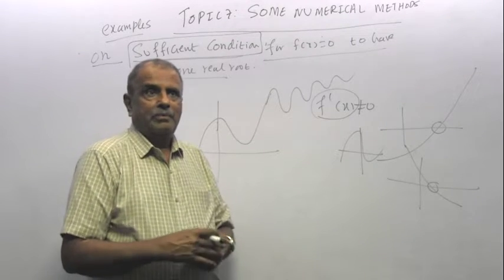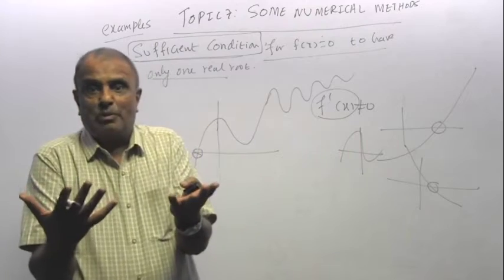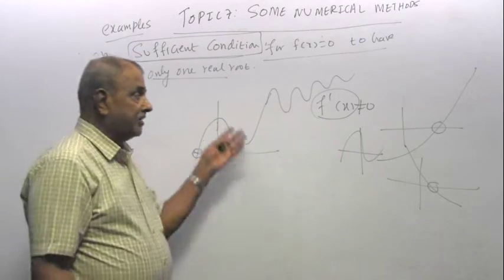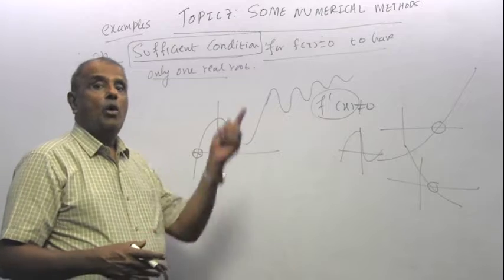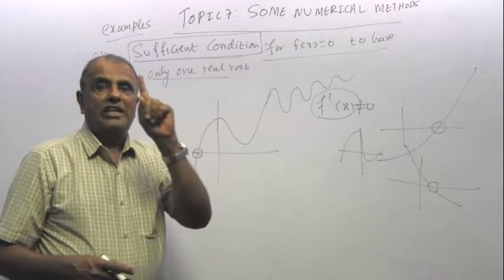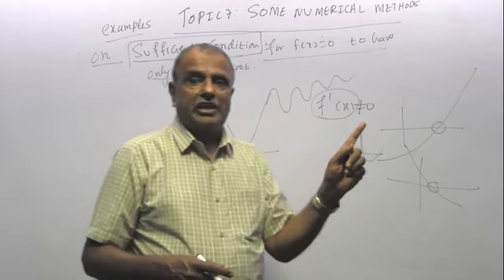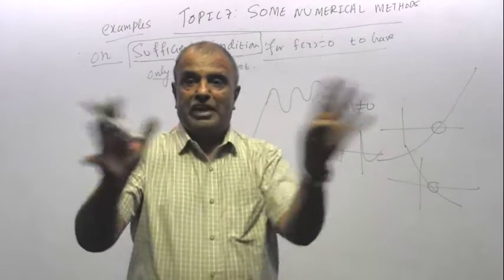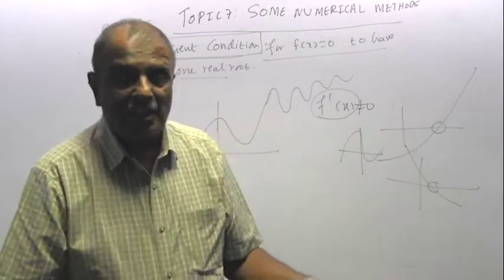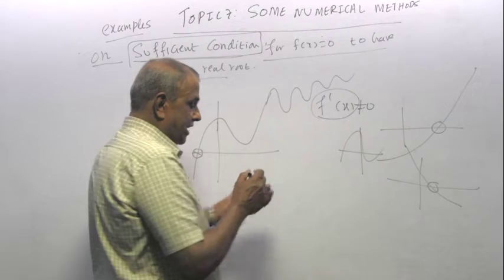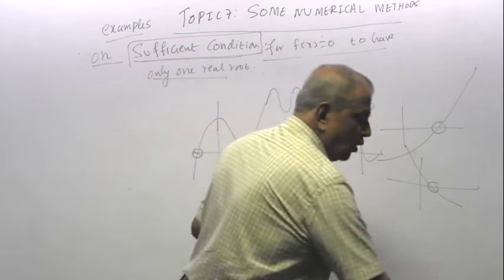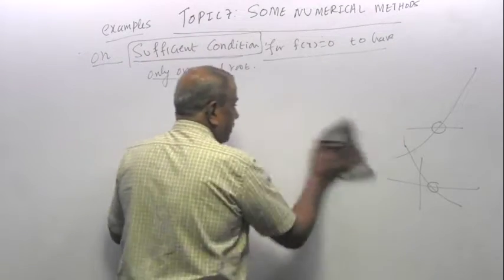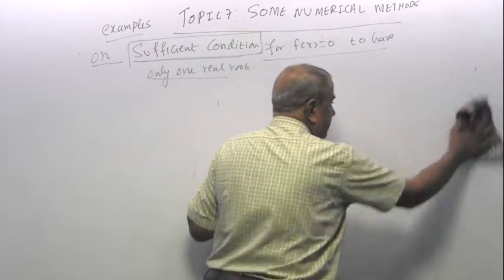So, if it has a stationary point or a number of stationary points, you can't automatically say it has only one real root. However, it's not necessary that it should not have a stationary point. But if it does not have a stationary point, it's enough. It is sufficient to show that the original equation has only one real root. Of course, there are other ways of doing it.